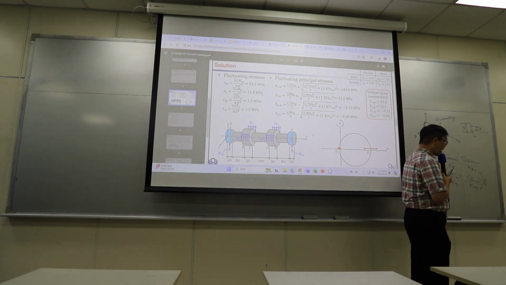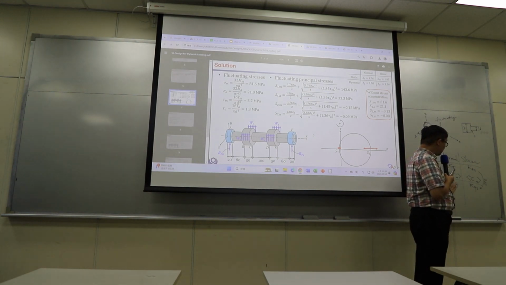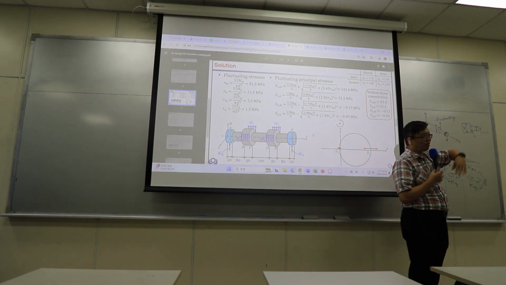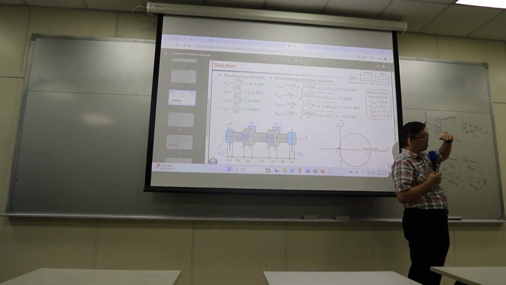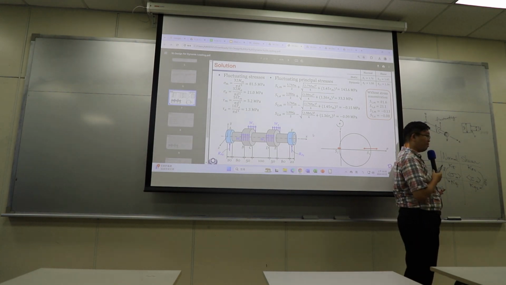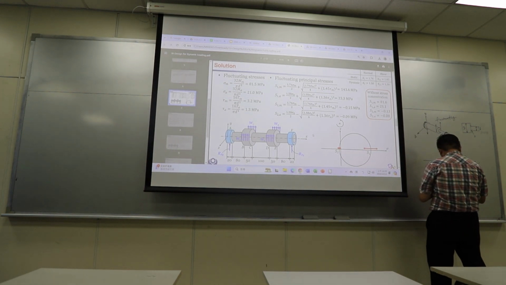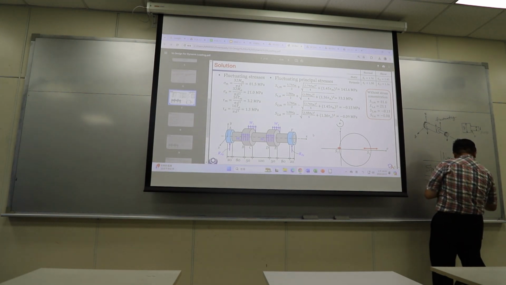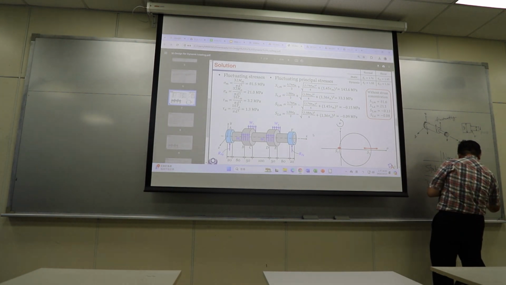And for the dynamic part, we basically apply these K's in front of the amplitude part, because the amplitude part is the part where you have dynamic motions. So basically, sigma amplitude and tau amplitude.